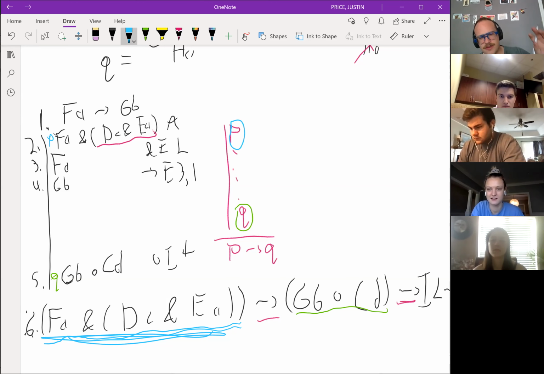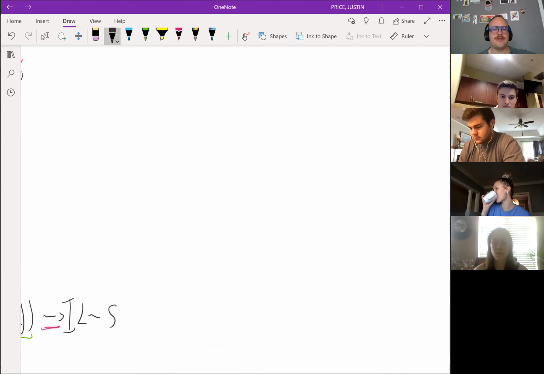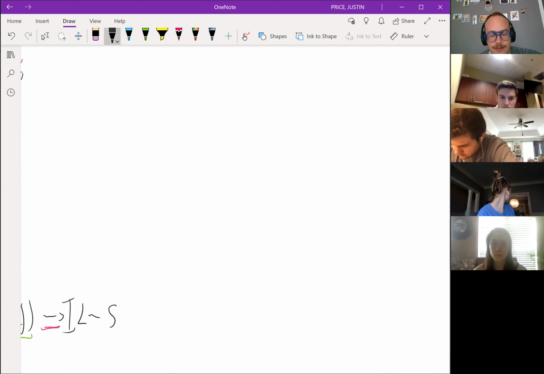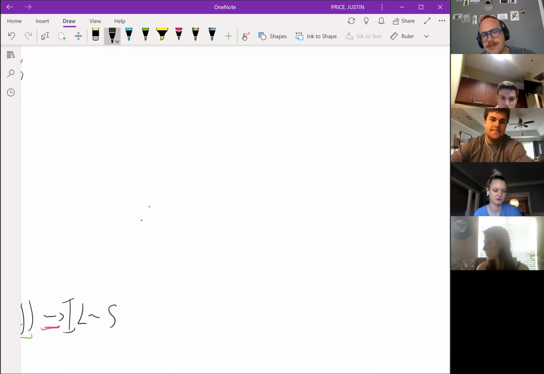I'll show you guys a really simple example here, one that I think the textbook uses. If you remember, or maybe we didn't cover this, with logical truths it's possible to have valid arguments with no premises.